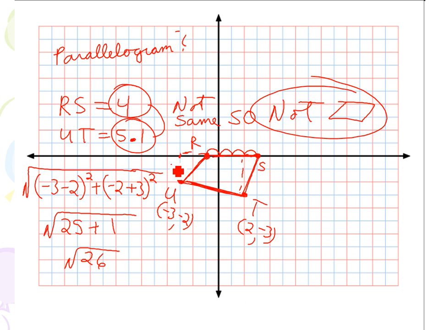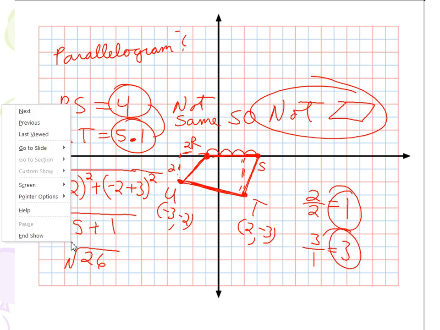Well, if I count, I go up 2 and over 2. So my rise over run is 2 over 2, which is 1. On this one, I go up 3 and over 1. So my slope is 3. Are those slopes the same? So are those 2 lines parallel to each other? No. So slope might be a little easier, a little less work. Next question.